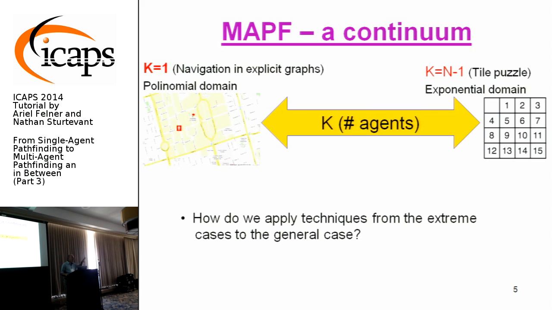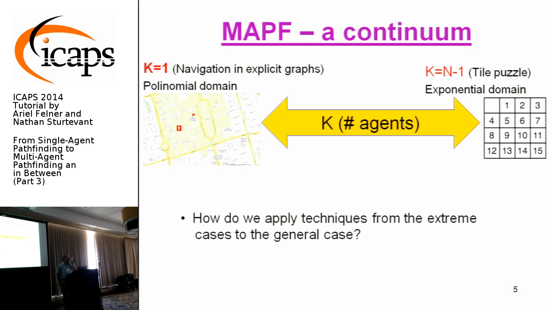That side is polynomial domains. We know a lot of techniques on that side. Take the right side, this is exponential domains. We have a lot of techniques from there, but start taking away agents: 1 blank, 2 blanks, 3 blanks, more and more. Then you see there is a whole continuum. We are polynomial on one side, exponential on the other. What do we do in the middle?